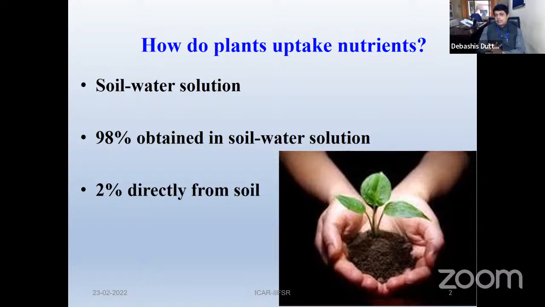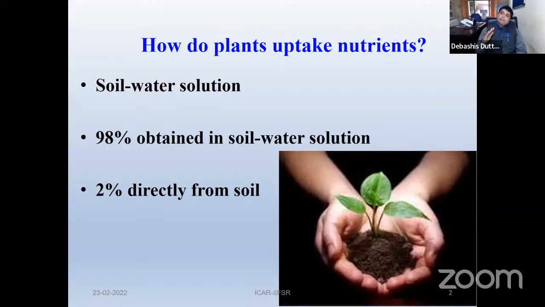So water is a very important source for making nutrients available for plant uptake. About 90% is obtained from soil water solutions. So soil water solution is a very important medium for supplying nutrients for plant uptake.